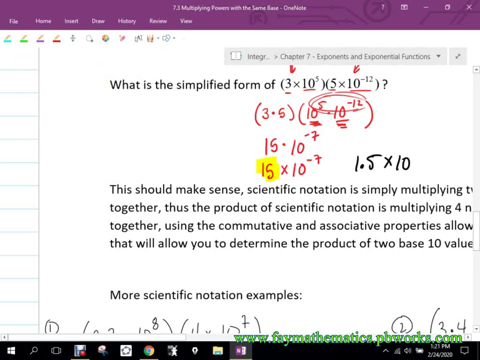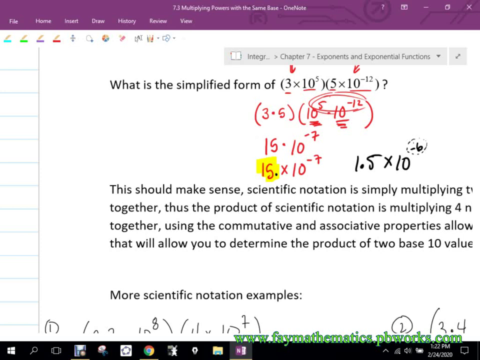Now, when I moved it to the left, what do I need to do with this exponent? What's that exponent going to become? Negative 6. Okay? When you move your decimal to the left, your power of 10, you're going to add 1 to it. Does that make sense? Or add how many spots that you moved.